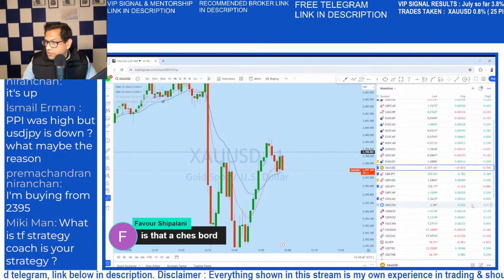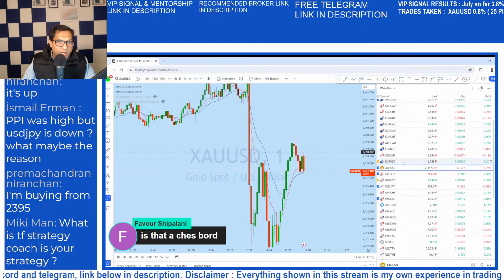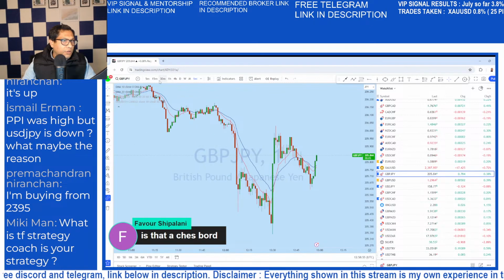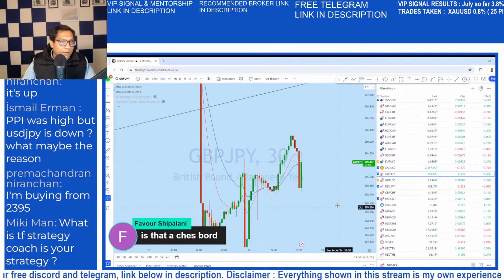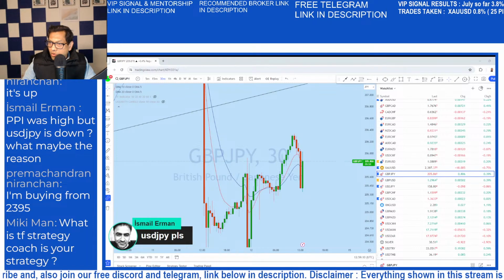Okay, here we can see the downside potentially on gold, and euro dollar completely different. GBP JPY, so we can see quite a few instruments currently again trying to create a new pattern. Dollar yen.